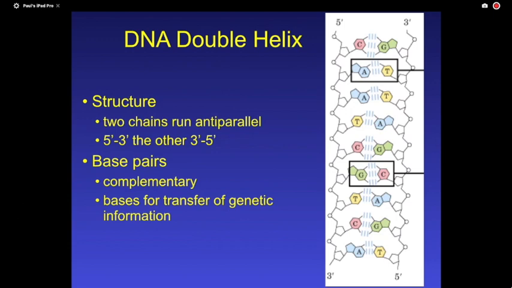Now, the fact that G's only bind to C's and A only binds to T's allows the idea of a complement to be formed, and the basic idea of transfer. If I split them apart, I can make a new strand that's exactly the copy or complement of what the original was. And so the whole idea about how genetic information flows or is copied comes from this pairing idea.